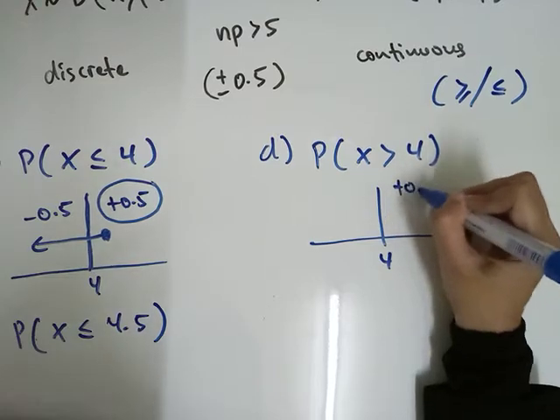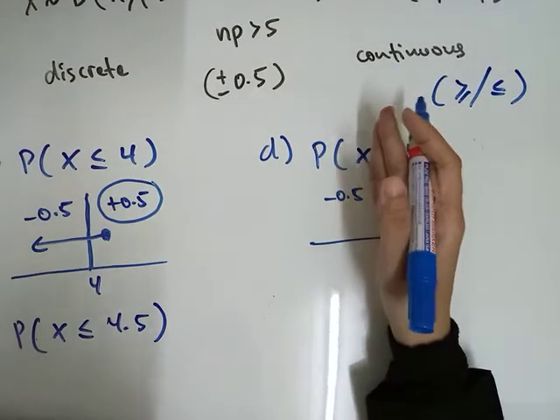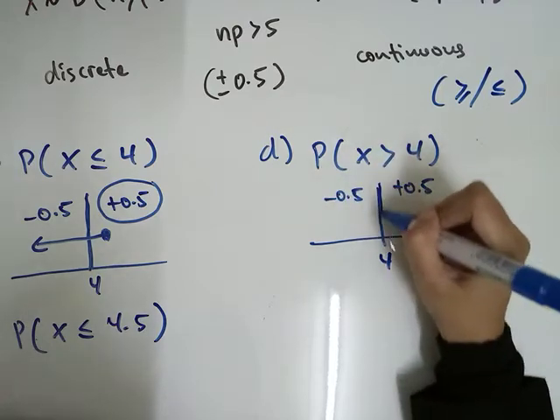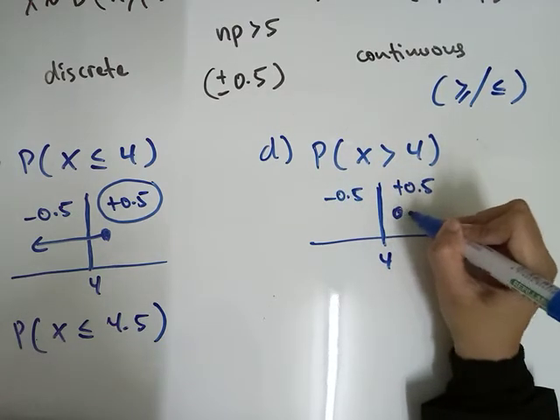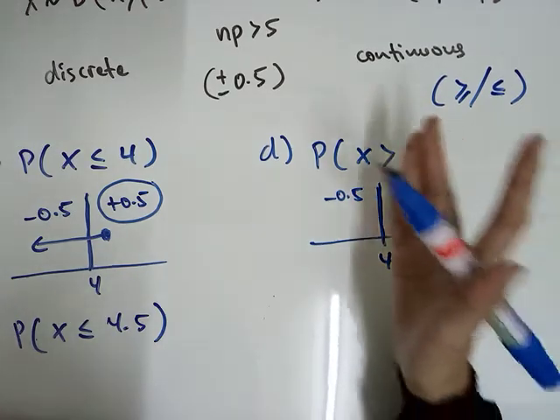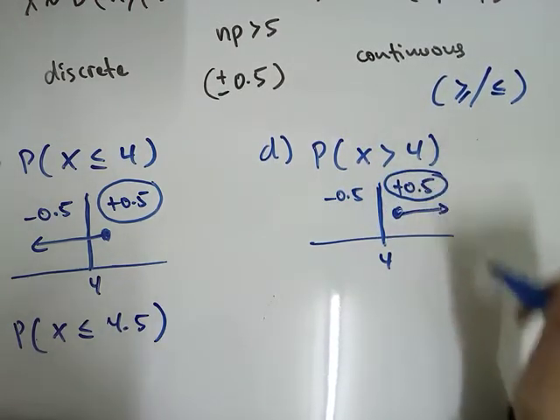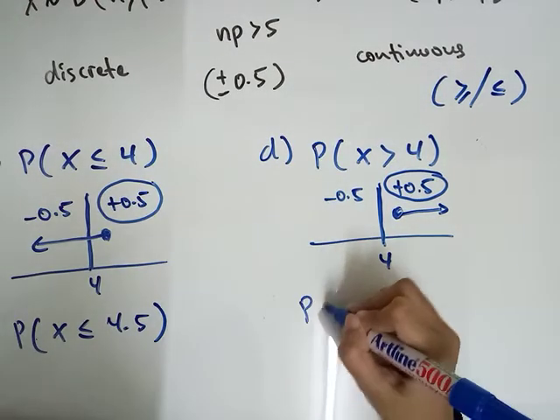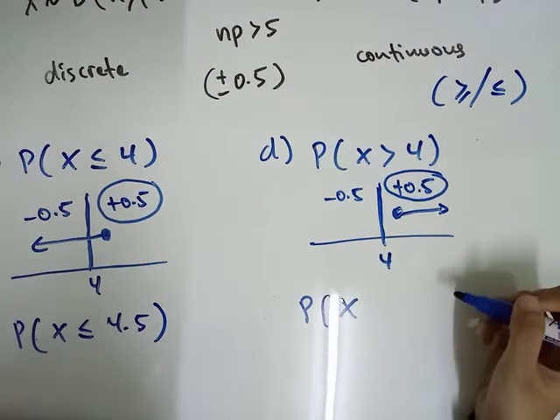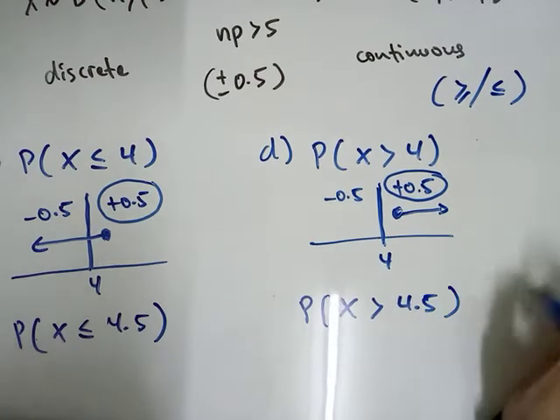Okay, this one is plus 0.5, this one is minus 0.5. So bila dia more than, dia tak equal, 4 ni tak termasuk. Palang 4 ni tak termasuk. Maksudnya kedudukan dia dekat sini, dia more than 4. So that means kedudukan dia pada plus 0.5. So the new one probability that you need to find is probability x more than 4.5, 4 plus 0.5.